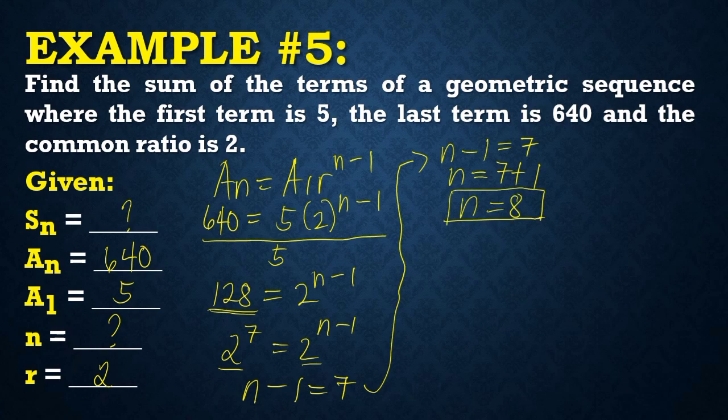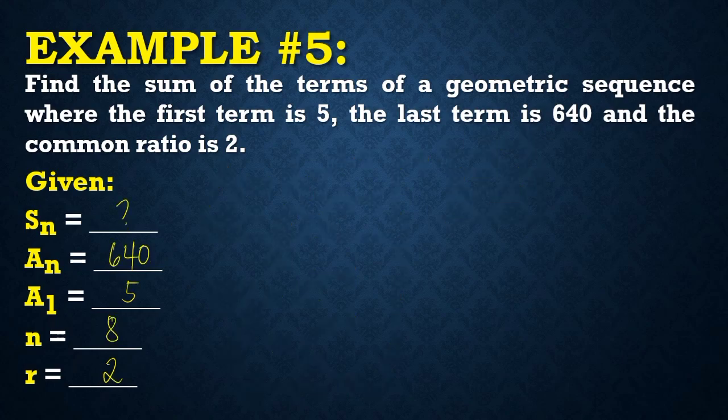So, pwede na natin kunin ngayon yung sum ng mga terms ng given geometric sequence. So, apply natin yon. So, since nakuha na natin yung number of terms which is 8, so pwede na natin kunin yung sum ng mga terms ng given geometric sequence. So, let's apply the formula.